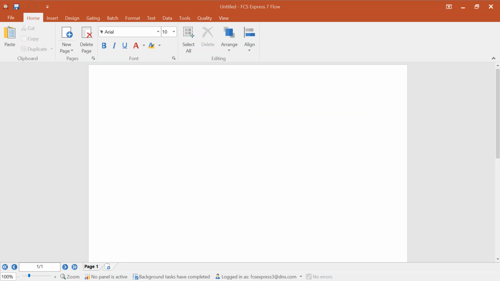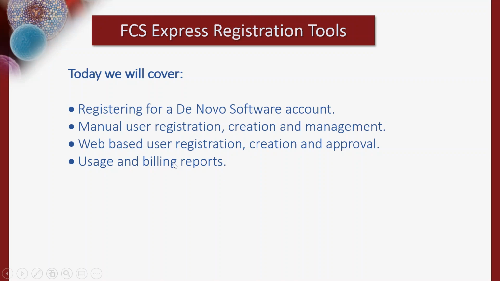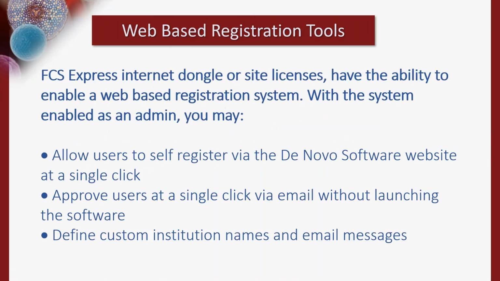So with that, and to just recap a little bit of what we talked about today, with the web-based registration system, you can allow users to self-register through the Denovo software website by providing them the URL that's generated when you click on Allow Users to Self-Register. When you do that, you'll be able to approve users as an admin via a single click in an email, and you won't have to launch the software. And there's a number of customizations that you can put in there for your institution names and email addresses.